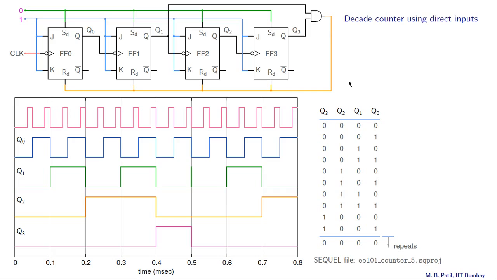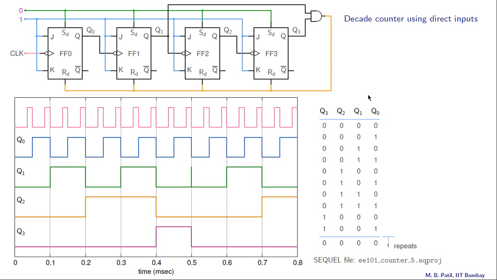Now let us look at the SD and RD values for the flip-flops for each of these states. Now SD is always 0 and RD comes from this gate, which is Q3, Q1.